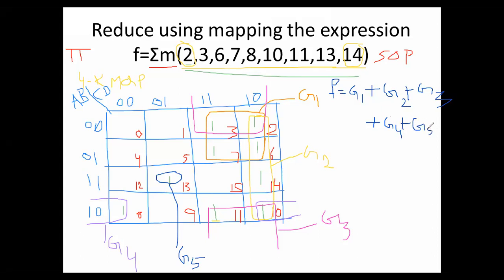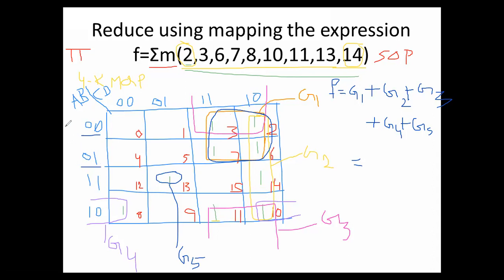So now take group 1 first. This is group 1. This group 1 belongs to AB equal to 0,0 and AB equal to 0,1.